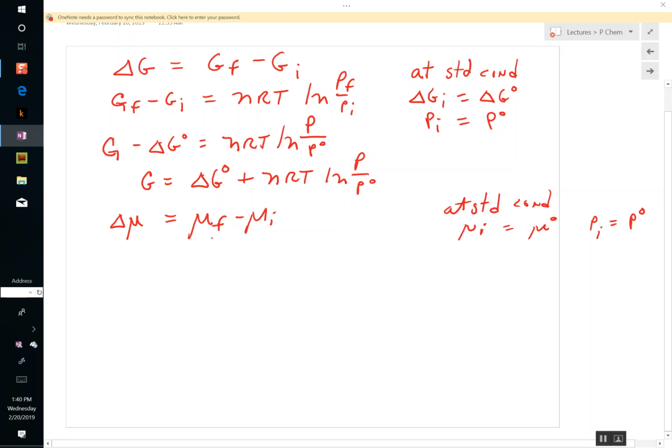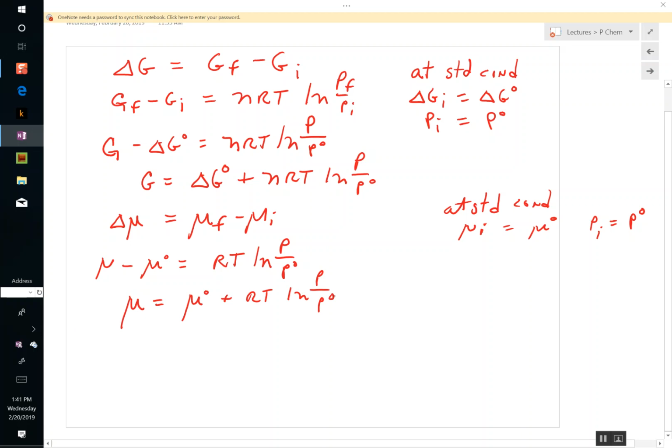And remember, mu is RT times the log of P_F over P_I. So we end up with mu minus mu naught is equal to RT times the log of P over P naught. So mu, chemical potential, is equal to mu naught plus RT ln P over P naught.